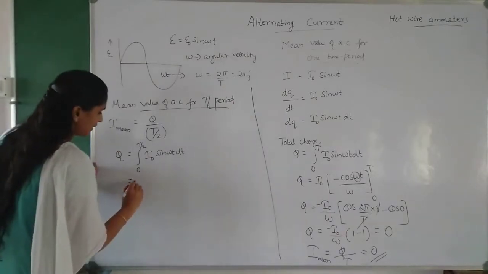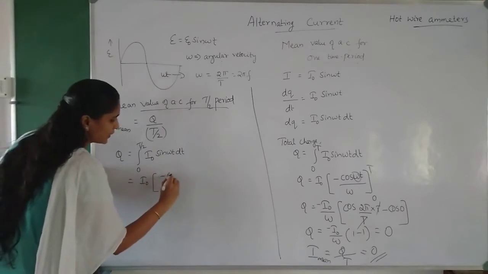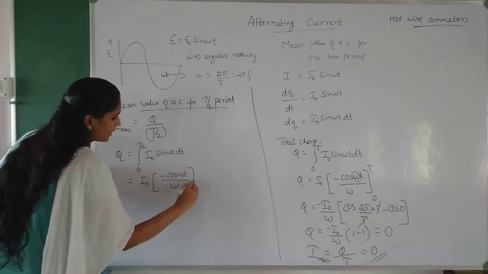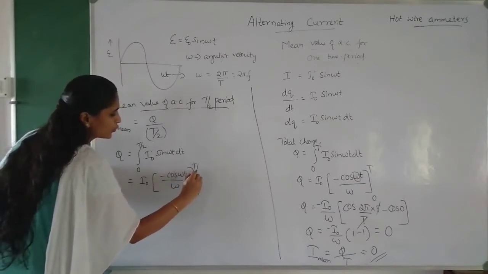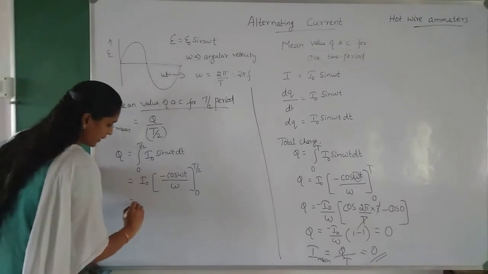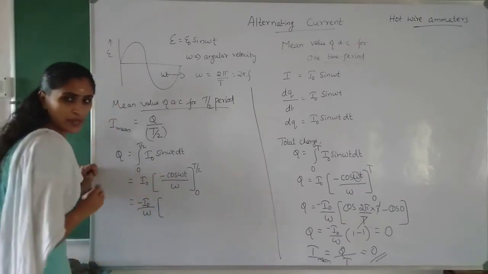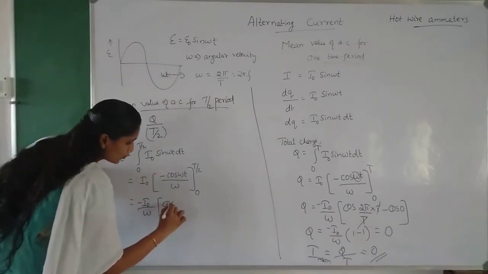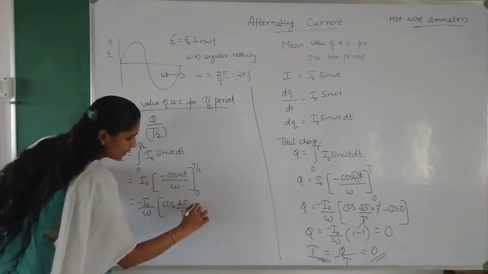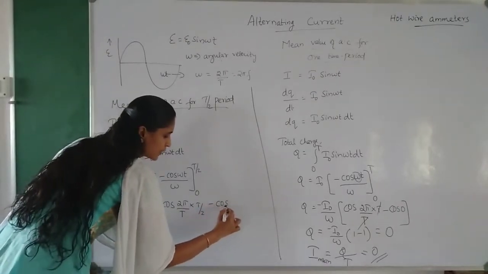I0 can be taken outside; if you integrate sin omega t you get minus cos omega t by omega between the limits 0 to T by 2. Minus I0 by omega can be taken out, and you apply the limits. Omega is 2 pi by T, into T by 2, minus cos 0.